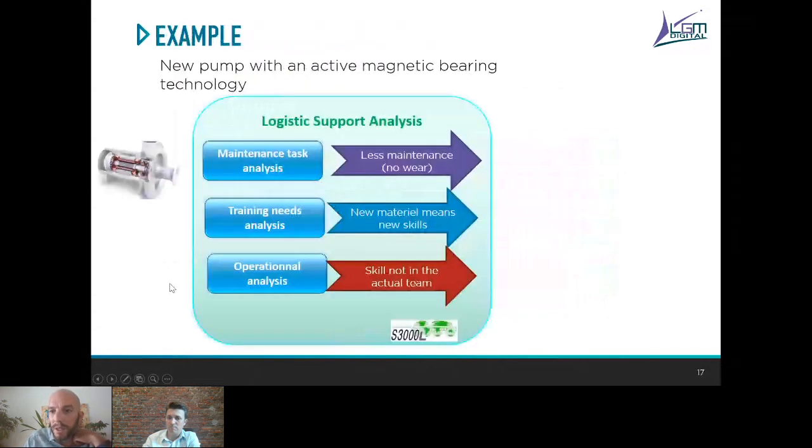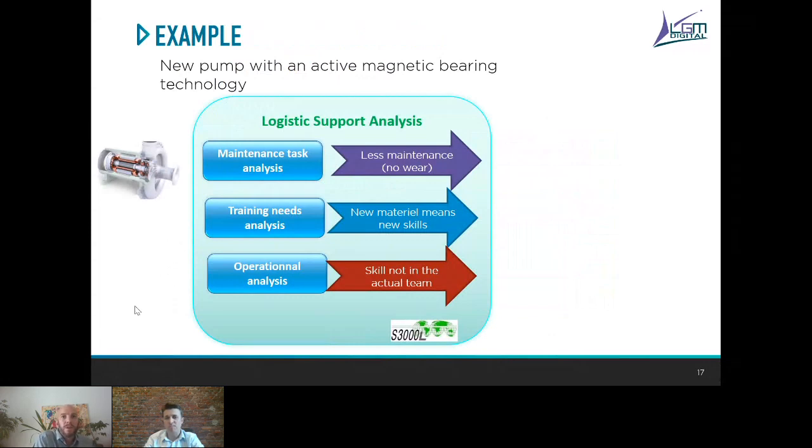So, a little example of coherency for the communication between the specifications. For example, you have a new pump with an active magnetic bearing technology that arrives on your system. So we have a new material, a new technology.